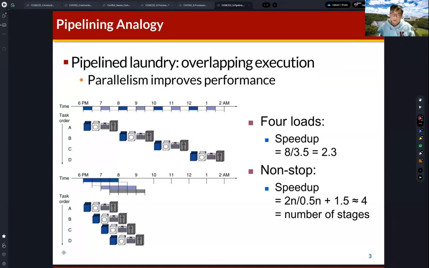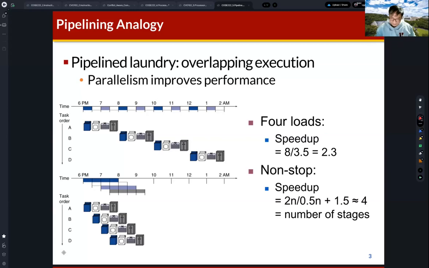And then I believe everyone can easily understand the basic idea of pipelining. But I will explain with an analogy. Let's assume that we are laundering our clothes.